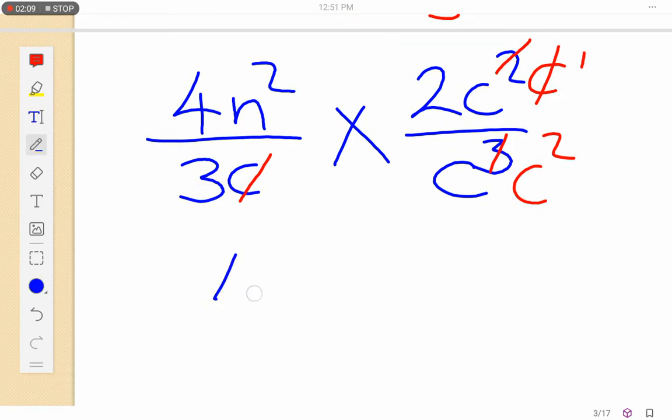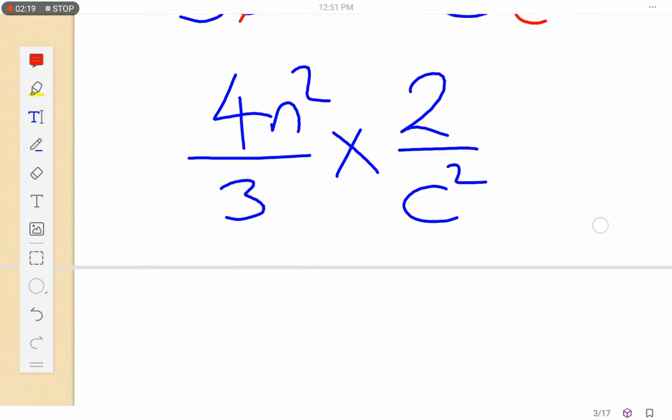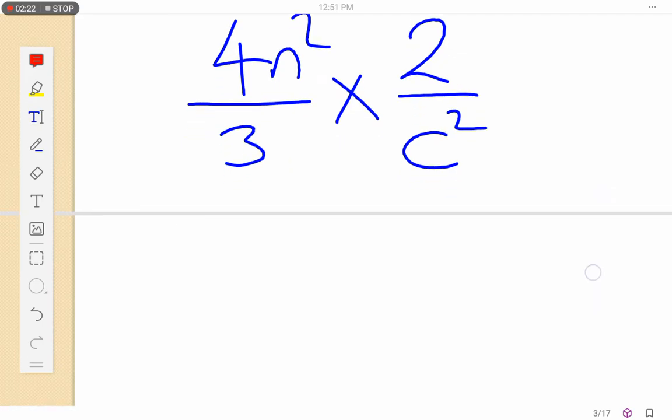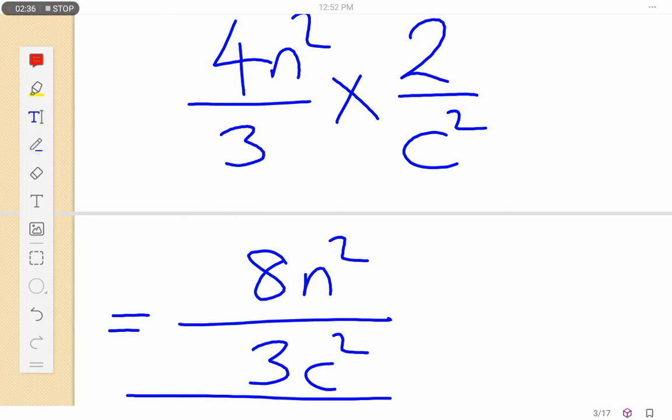We now have 4n squared over 3 times 2 over c squared. Can we further simplify this? No, so let's multiply. We multiply 4 times 2 there, we get 8n squared over 3 times c squared, we get 3c squared. So that's the final simple term that we can get there.